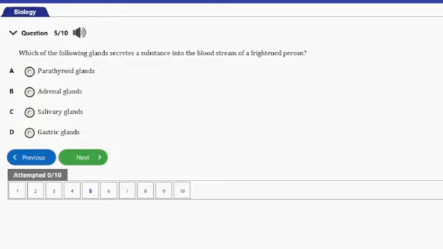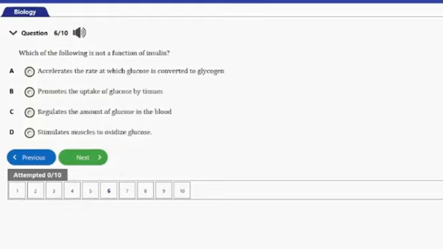The adrenal gland secretes adrenaline into the system of a frightened person. So remember, adrenaline is a fight or fright hormone. So guys, adrenaline is usually secreted into the system of a frightened person from the adrenal gland. So option B is the answer to this question. So let's go ahead and consider the next question here.